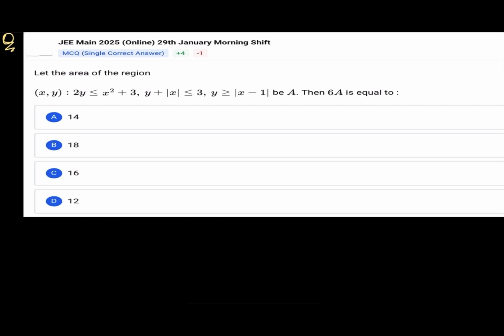So students, in area under the curves, what we do first is draw the given curves if possible. As here we have inequalities, corresponding to these inequalities we will write equations and then draw their curves.